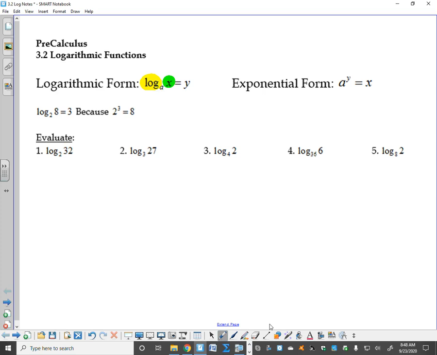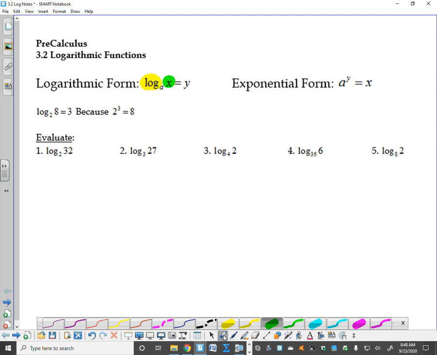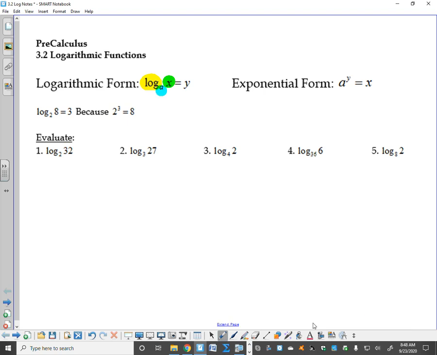So that's log of x, and then this little guy down here is your base. So the way that you would read all this mess that's highlighted is you would say log base A of x. Log base A of x equals y.